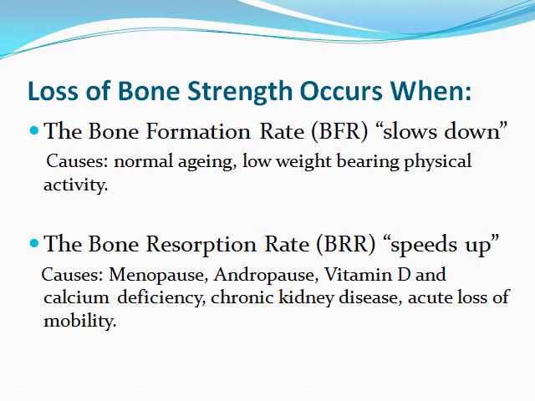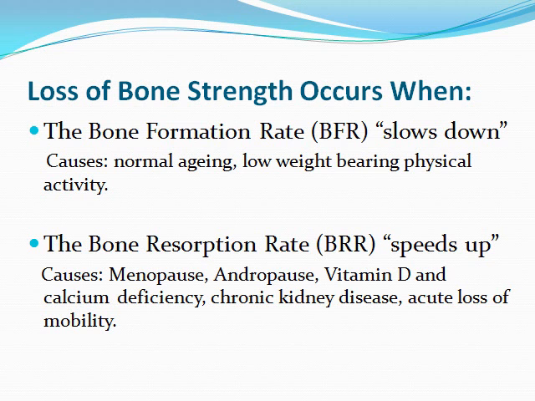And if that speeds up out of proportion to the bone formation rate, then the bone starts to become demineralized. Causes of that are, of course, menopause, or in males, andropause is also a reality. The testosterone levels start to go down, and men actually become estrogen deficient.